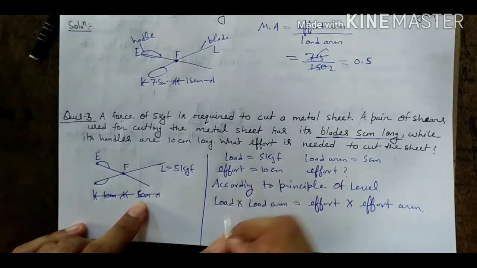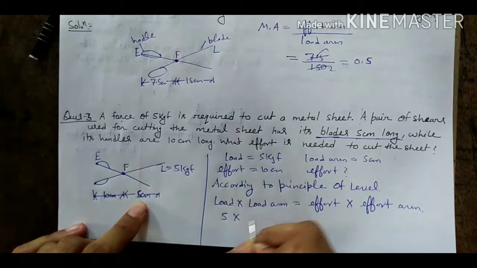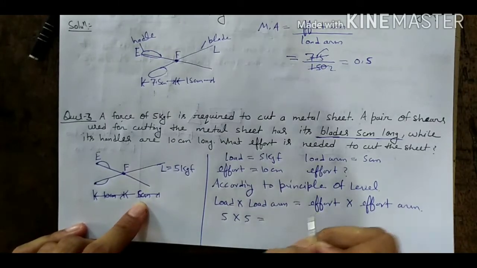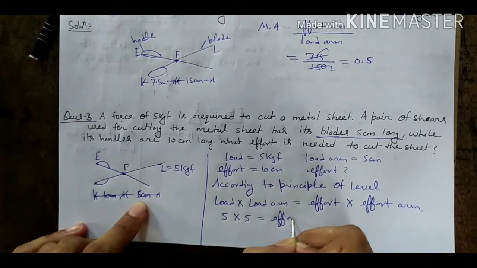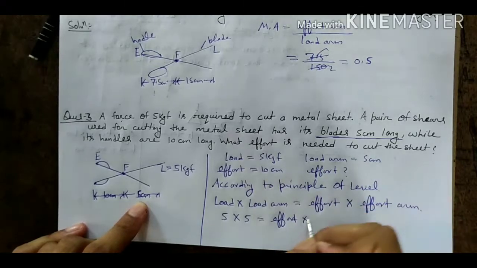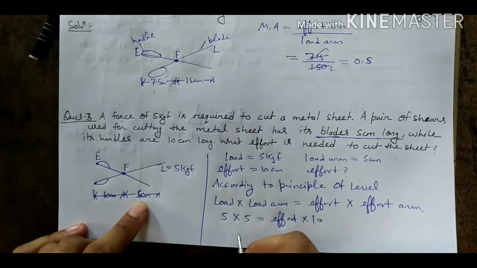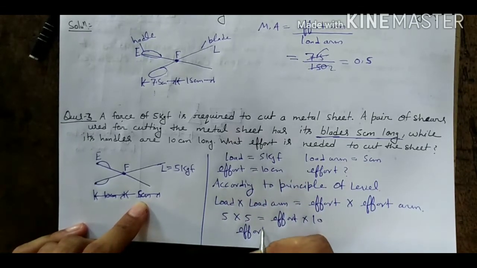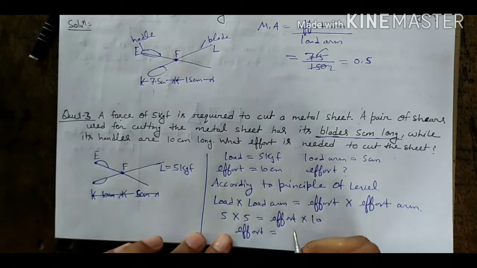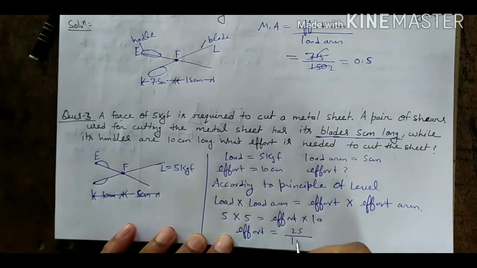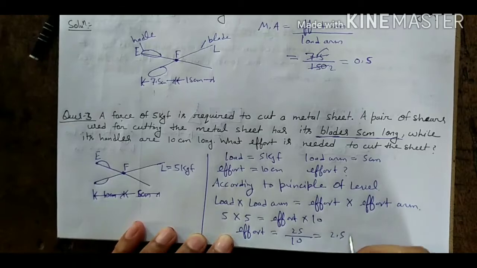Here load is given 5 kgf and load arm is 5. Effort is asking into effort arm is given 10 centimeter. So after solving, we get effort will equal to 25 upon 10. This will equal to 2.5 kgf.